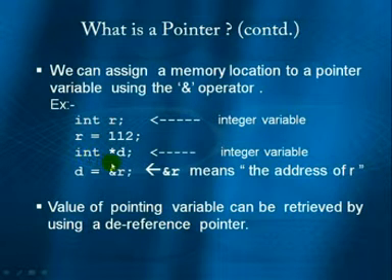Next, using the AND operator, we assign the memory address of the integer variable r to the pointer d. Using the dereference pointer, we can pass the value of the integer variable r to the pointer d.